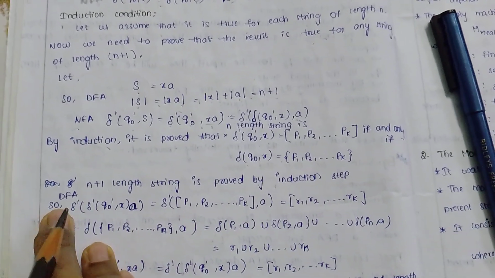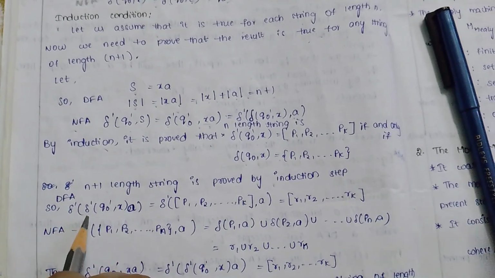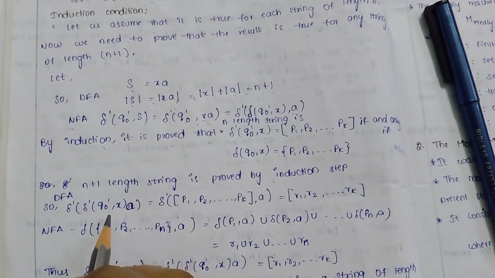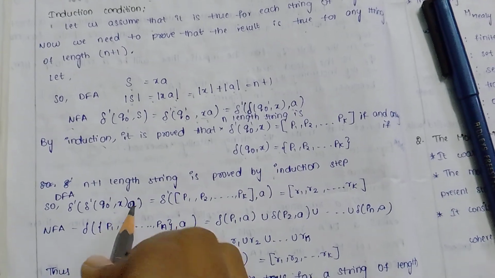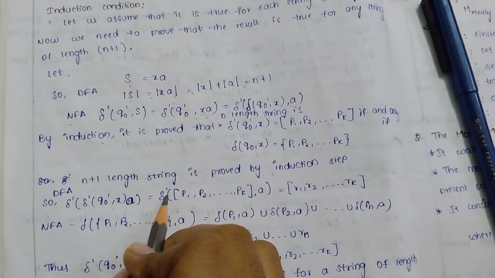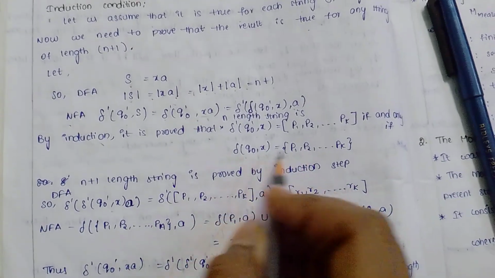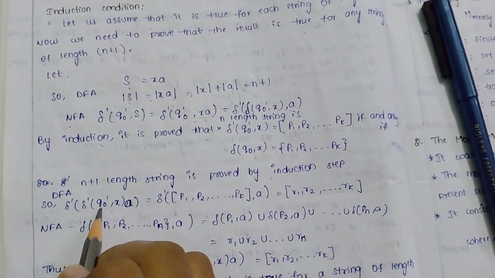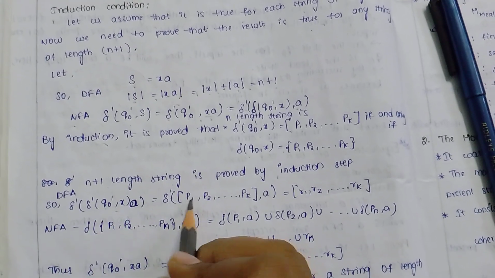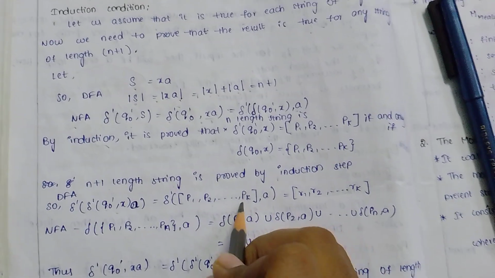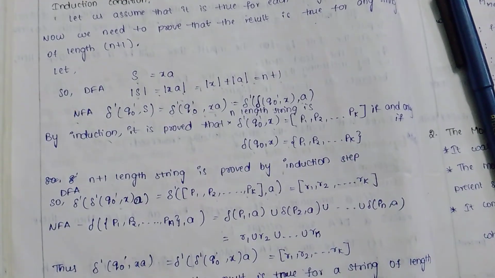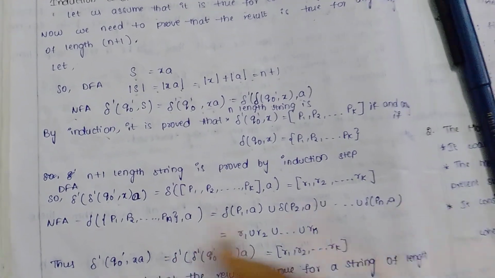So in the DFA, δ' of q0' comma with input x, again with input a gives δ' of ... q0' comma x, which we can write as p1, p2 and so on pk, with input a gives r1, r2 and so on rk in the DFA.